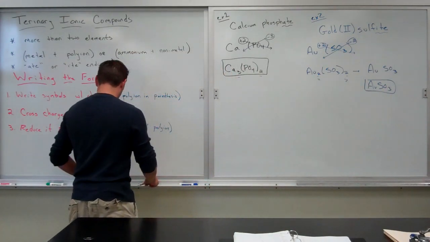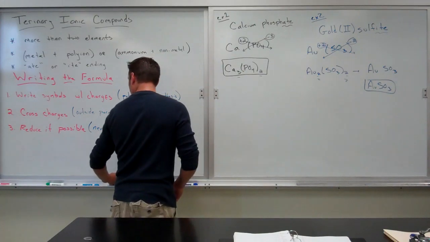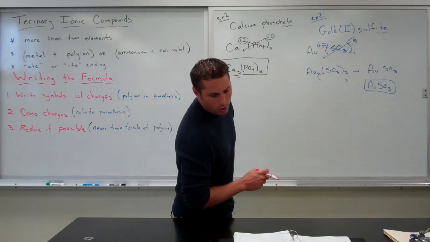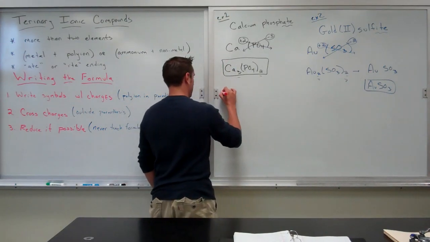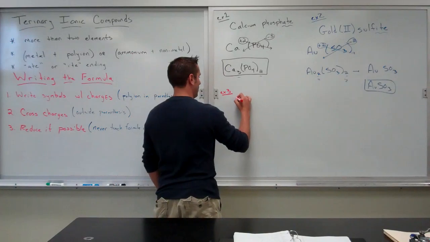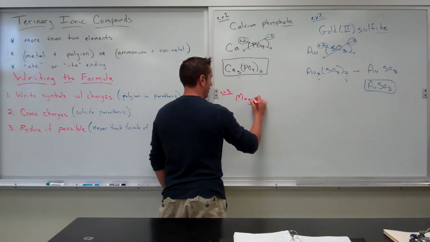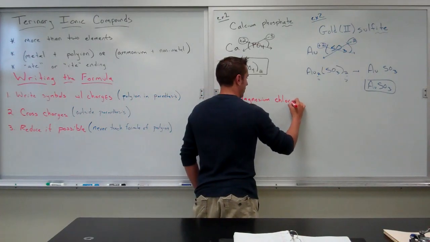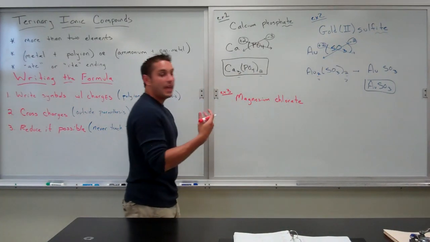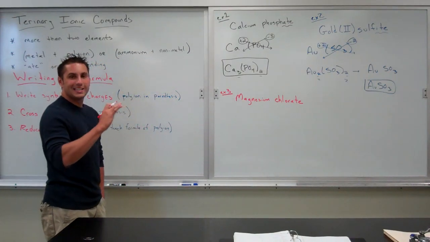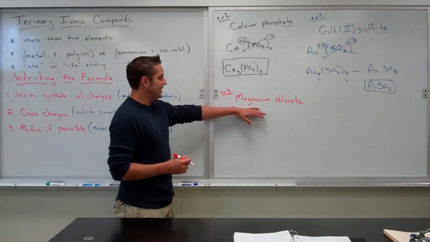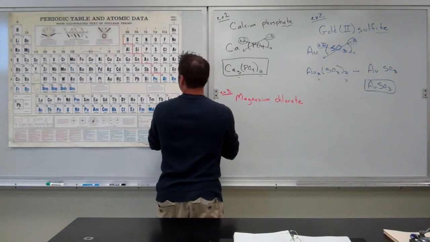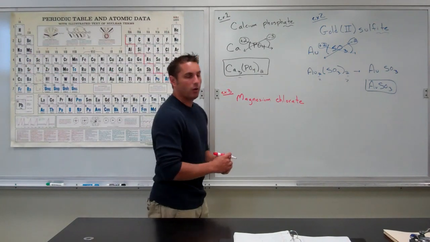Let's try 2 more. What if we took a look at something like magnesium chlorate? Again, we look at the name and we decide, is it ionic or covalent? Well, magnesium is to the left of the staircase, which makes it a metal.